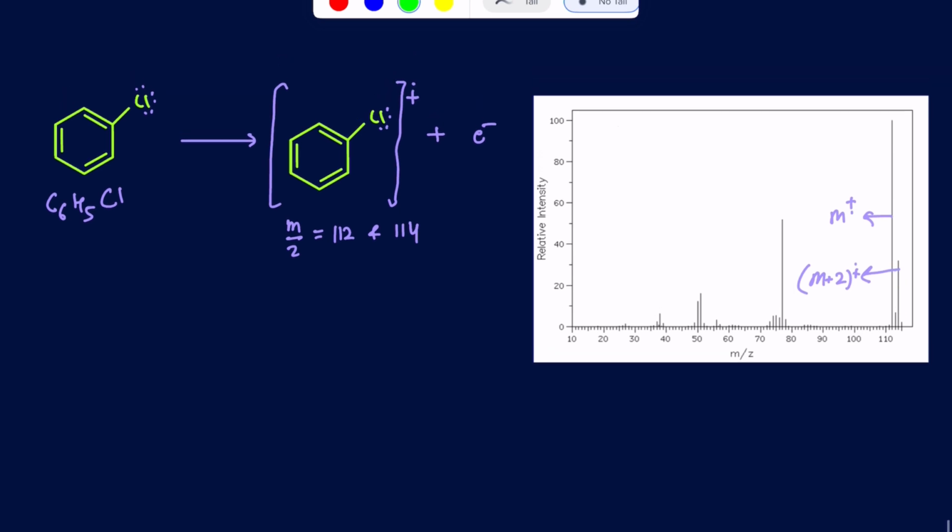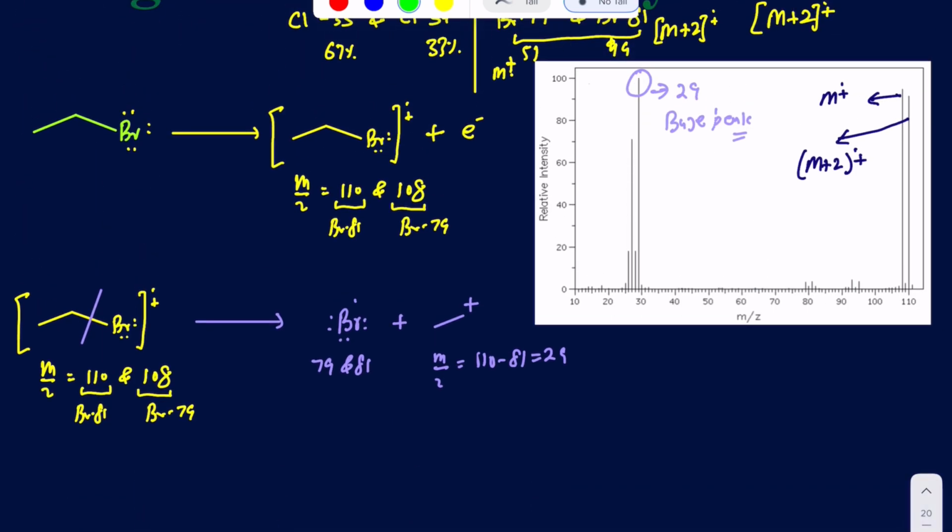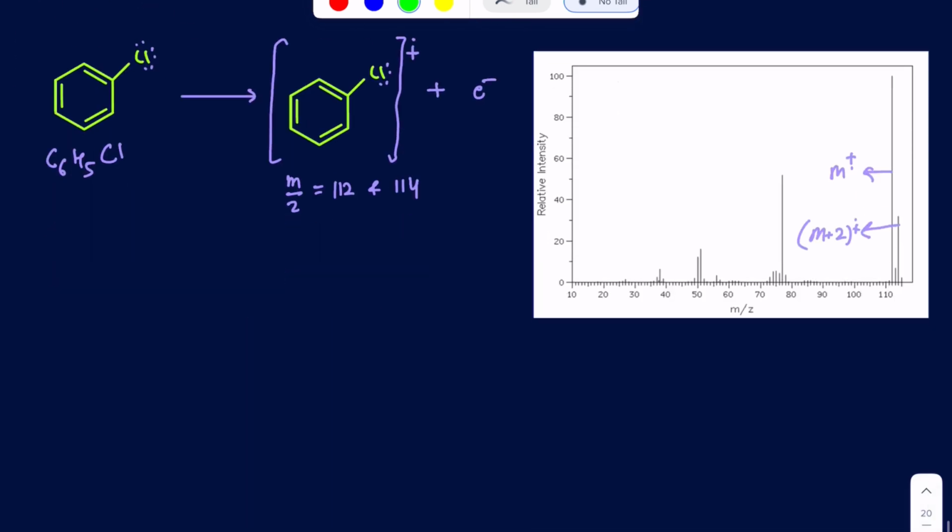So know the difference: here the peak is almost 1/4, or technically almost more than 1/3, in terms of height compared to the M peak. You would not see that typically in the case of bromine, because for bromine it's almost going to be 50-50%. Again, the molecular ion peak happens to be the base peak as well, because it is 100%. But let's see what other fragmentation you can see here.